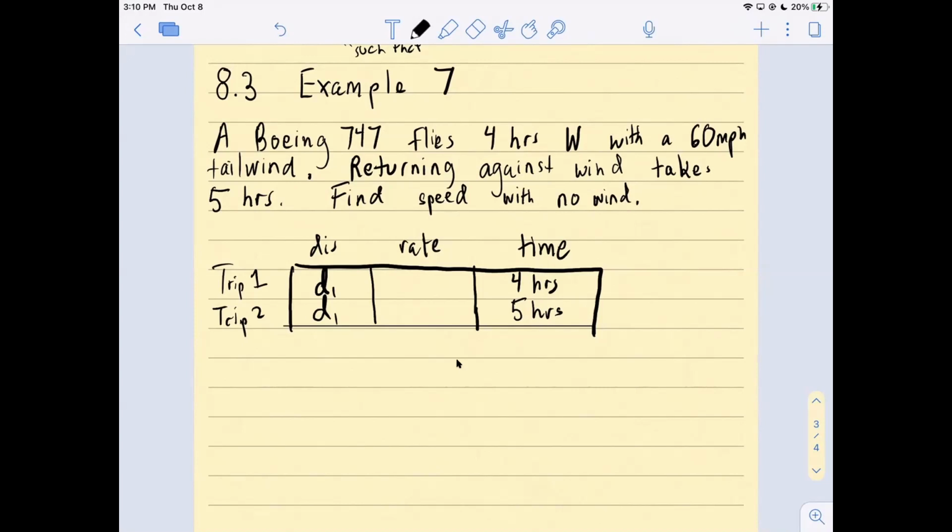Exactly. These problems are equivalent to, if you've ever gone whitewater rafting or canoeing in a river, the river has a current, and so if you're going with the current, you're going faster by the rate of the river, and if you're going against the current, it's making you go slower.